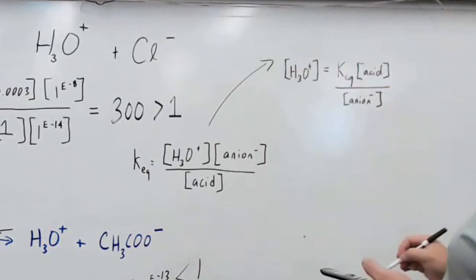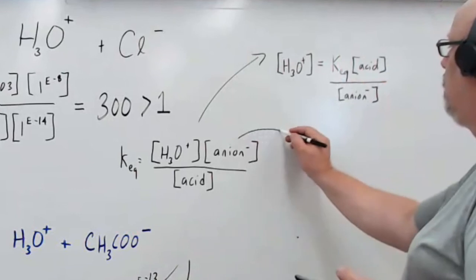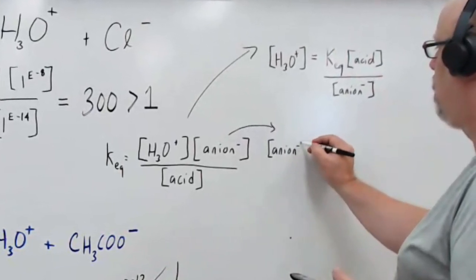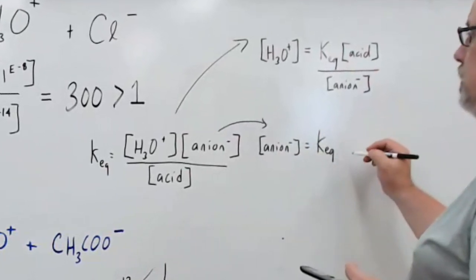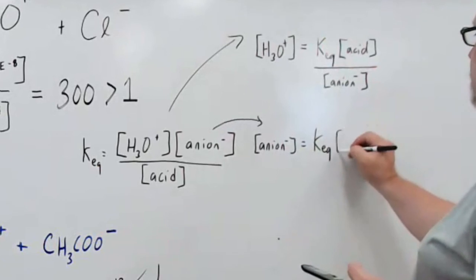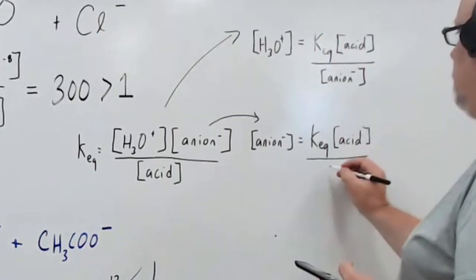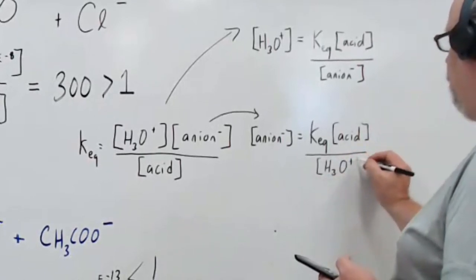It's just algebraic rearrangement. If we were trying to find the anion, then the anion would be equal to our constant times the acid divided by the hydronium.